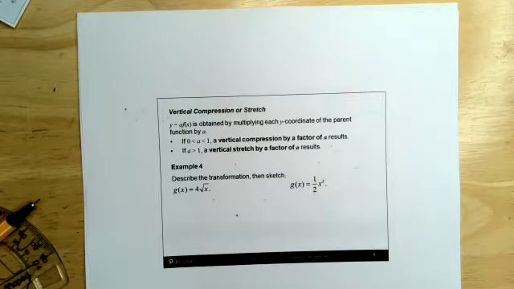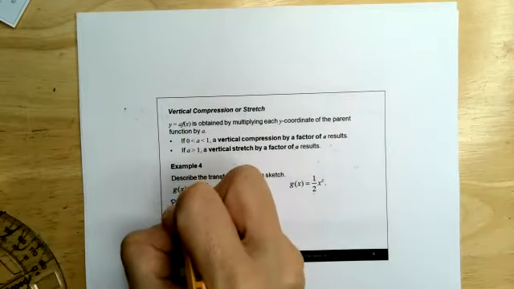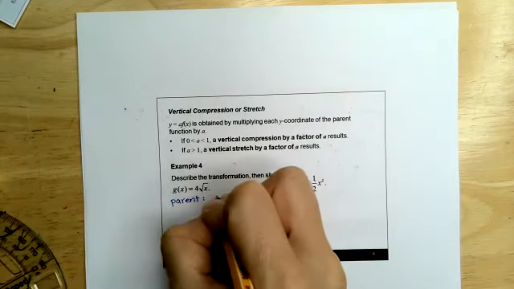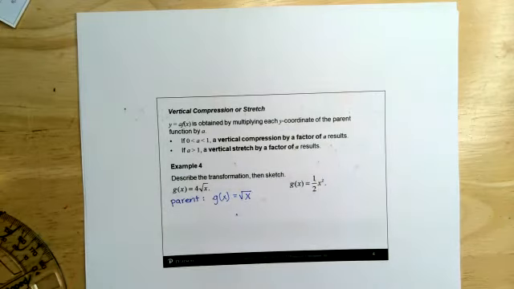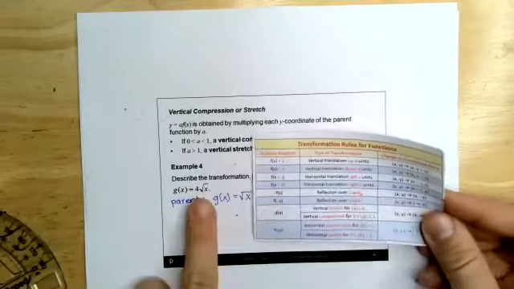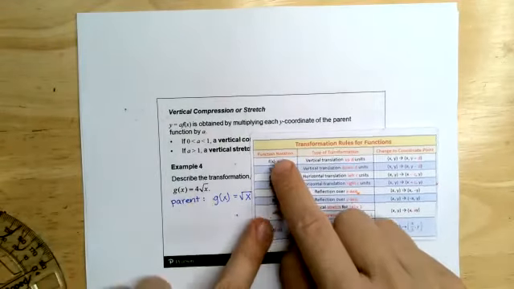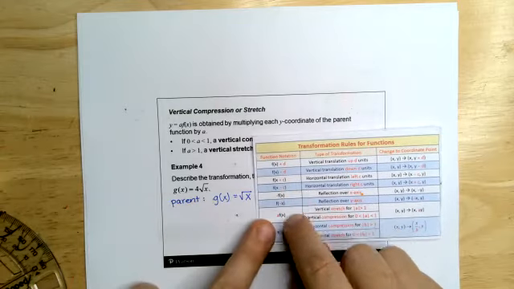Good. The graph of the parent function, here's the parent function, is stretched vertically by 4. Again, feel free to use this guide. What's happening here? The f of x is being multiplied by 4.